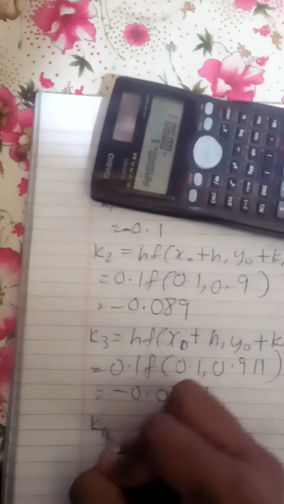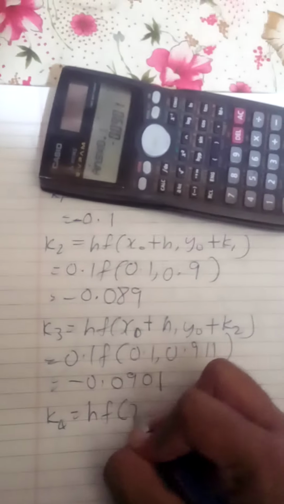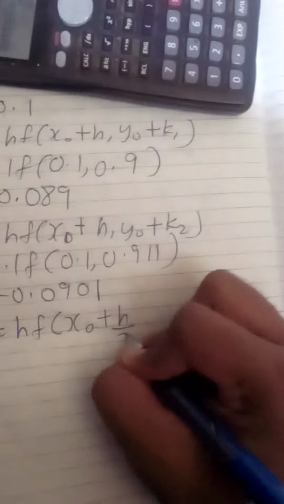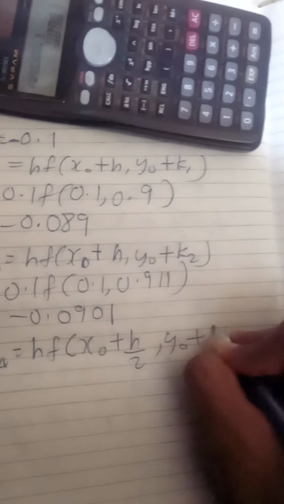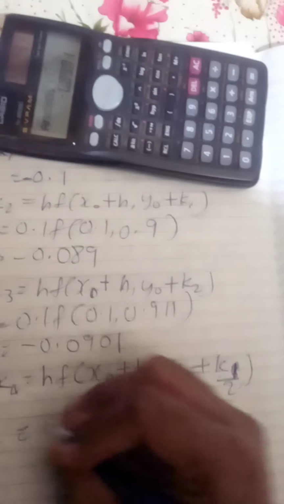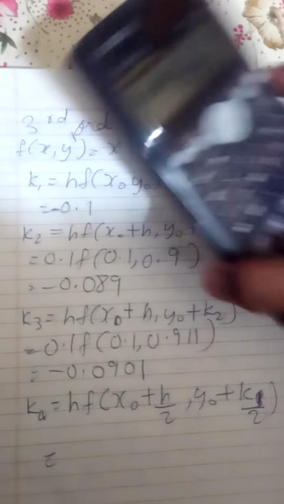0.0901. Now k4 is equal to h into f of x naught plus h by 2, y naught plus k1 upon 2. Okay, so how much is it coming?